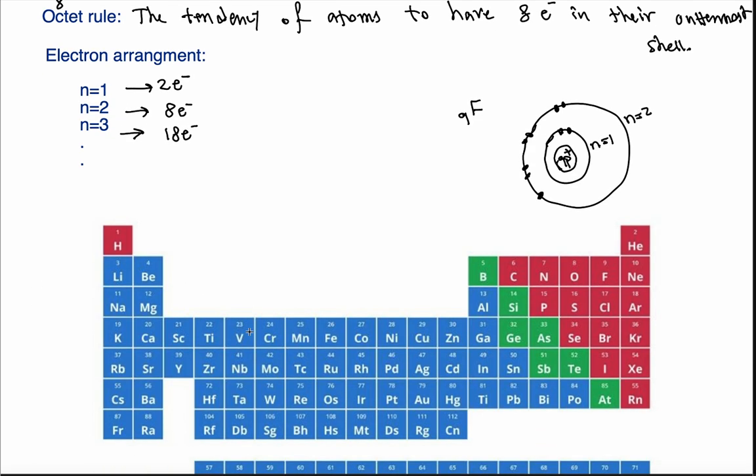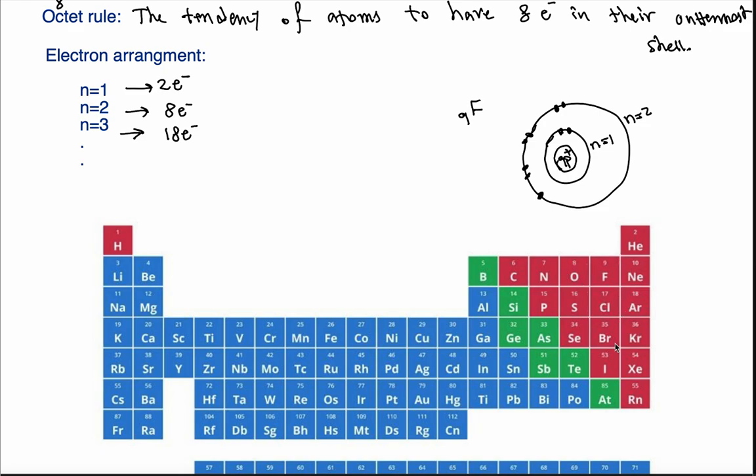Okay, so if you recall again from the previous lecture, the red section, the right part of the periodic table, is mostly non-metals, and the blue portion is metals.